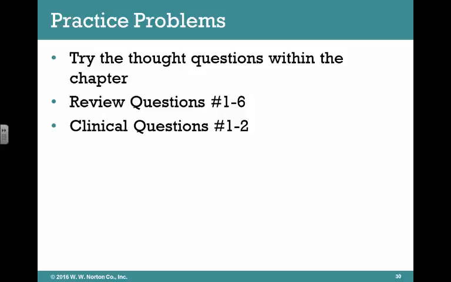Now, I've given you a PDF form of all of these slides, so there's no need to copy them down word for word. I would suggest that you look at that PDF of the slides first before you go to read the chapter.